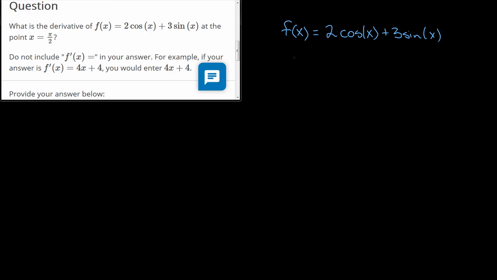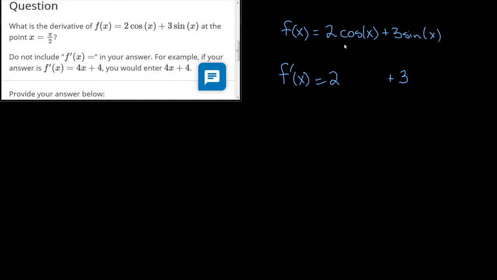So f prime: well, the 2 is a constant multiple, so that can just stay there. And the 3 is a constant multiple, so that can just stay there.